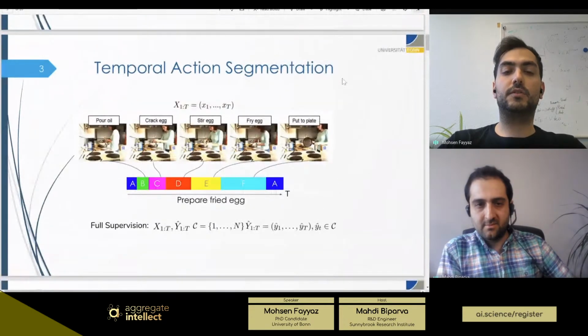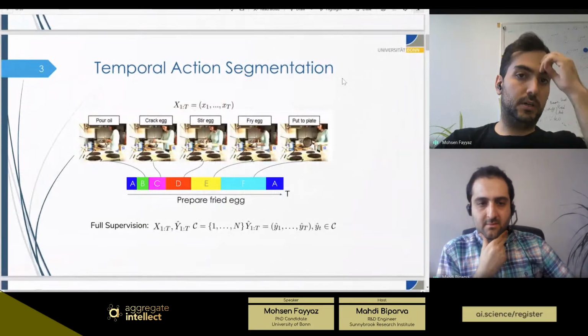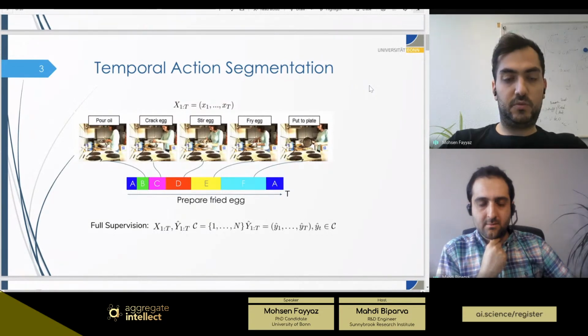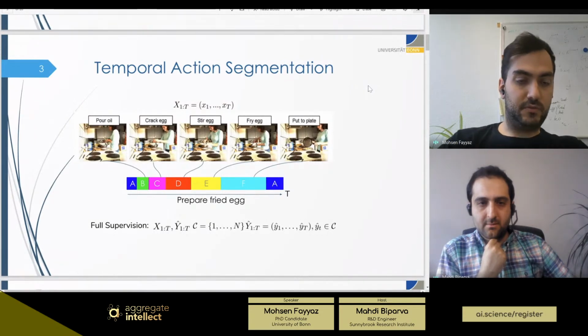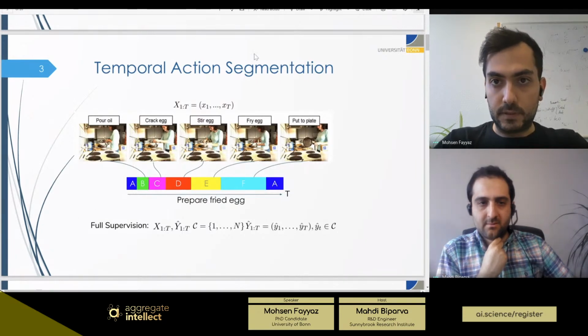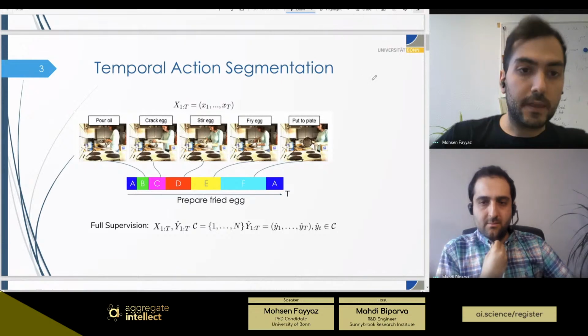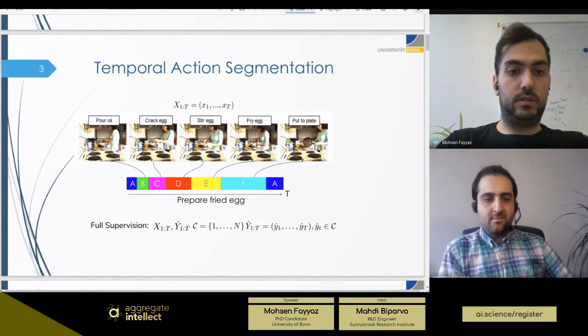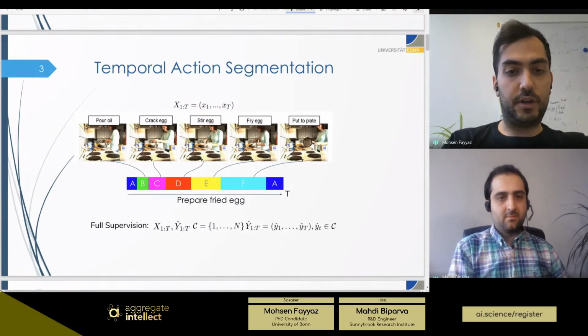So for understanding an untrimmed video, one thing we can do is temporal action segmentation. What do we mean by temporal action segmentation? For example, we have a video here, and we can see that the video has lots of frames.